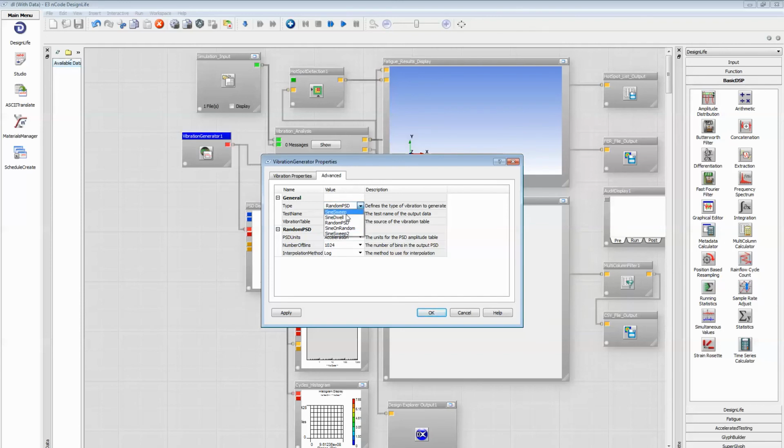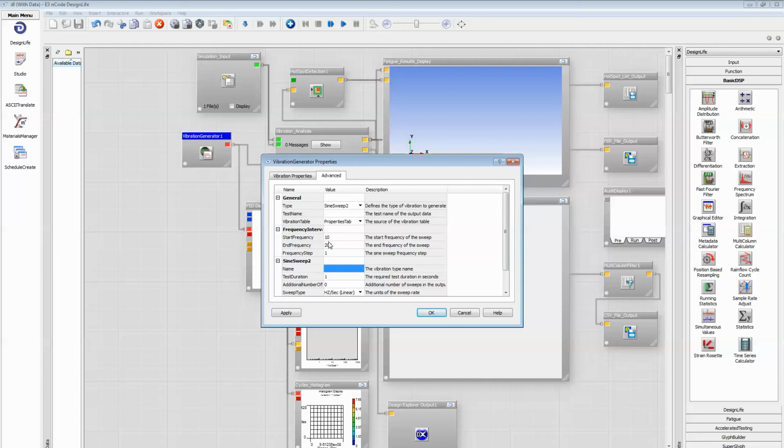You would see two sine sweeps. This one is kind of an old analysis procedure, so what is recommended is to use sine sweep 2. Once you change this to sine sweep 2, it would ask for additional inputs. In this case we are starting from 10 hertz to 200 hertz, and we are going to sweep with one increment. If the range is a little large, you can use a larger frequency increment, like 1 hertz is kind of appropriate here.